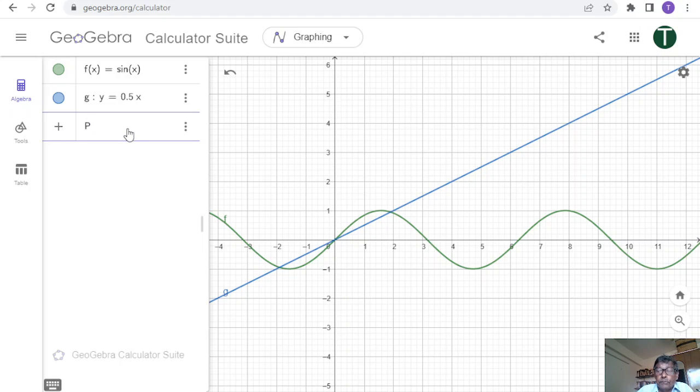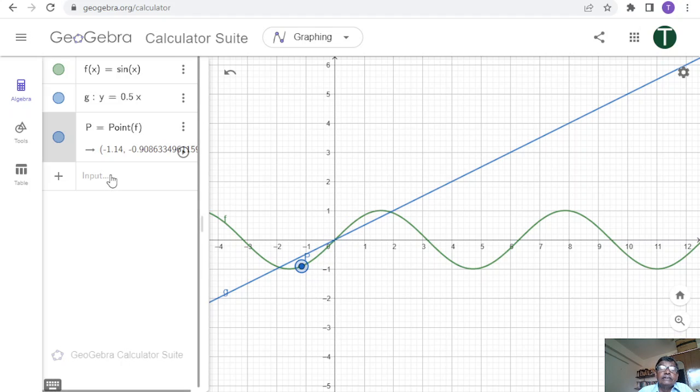So P is equal to a point on sin x, that is f, and it is created, and P can be moved anywhere you like. You can move P, and its movement will be restricted to the sine wave here.